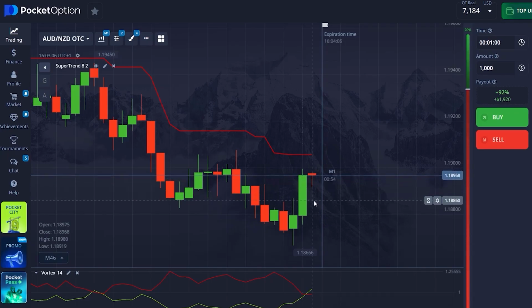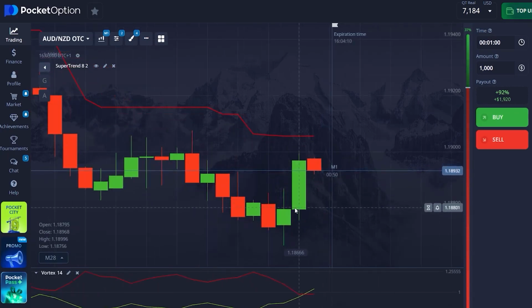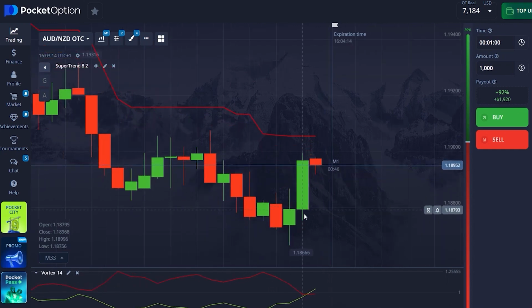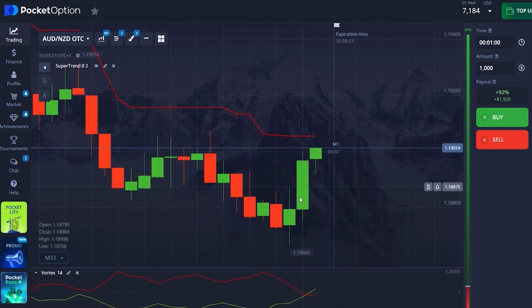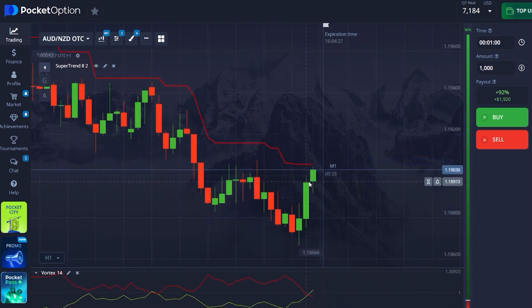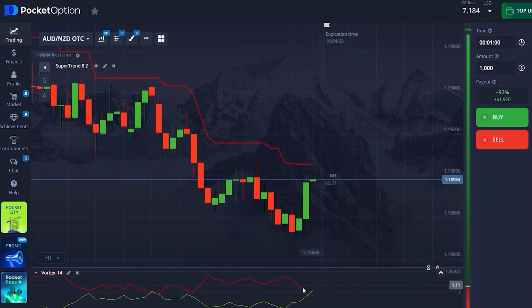So right here, I'm finding an opportunity for an up position. So I'm waiting for my Supertrend indicator to give me an indication for an up position. So I have a stable candlestick right here and also my 2 vortex line intersect each other.